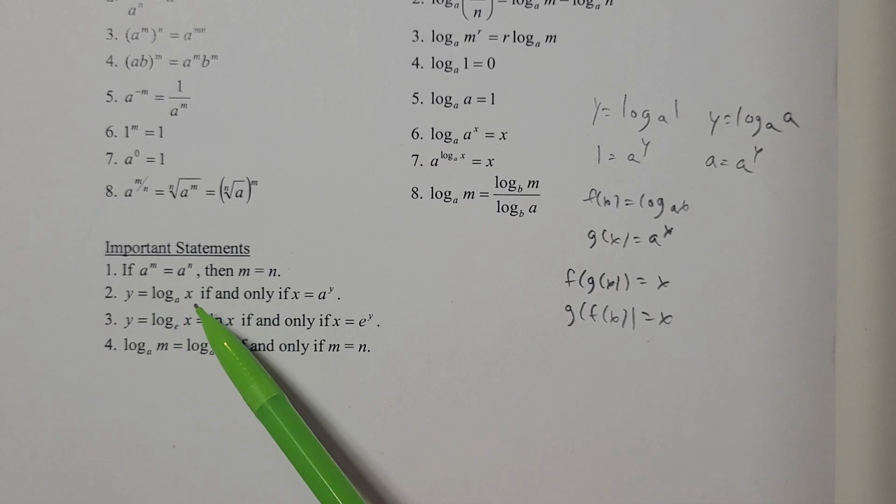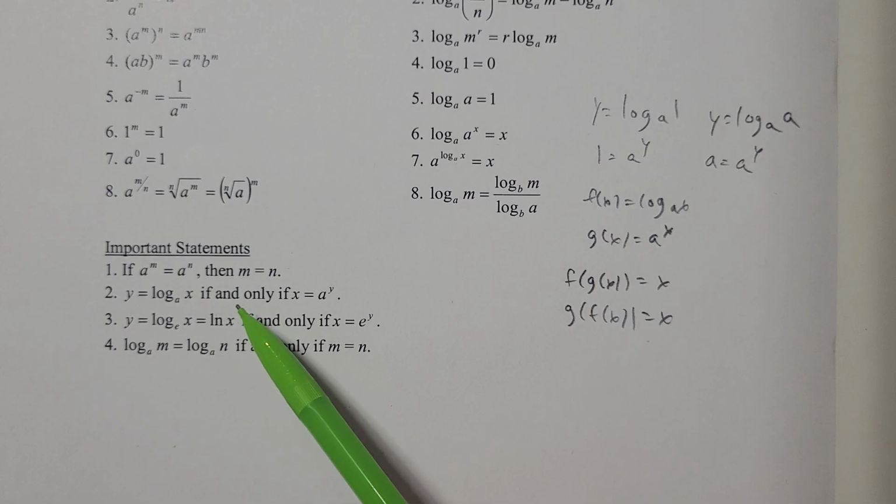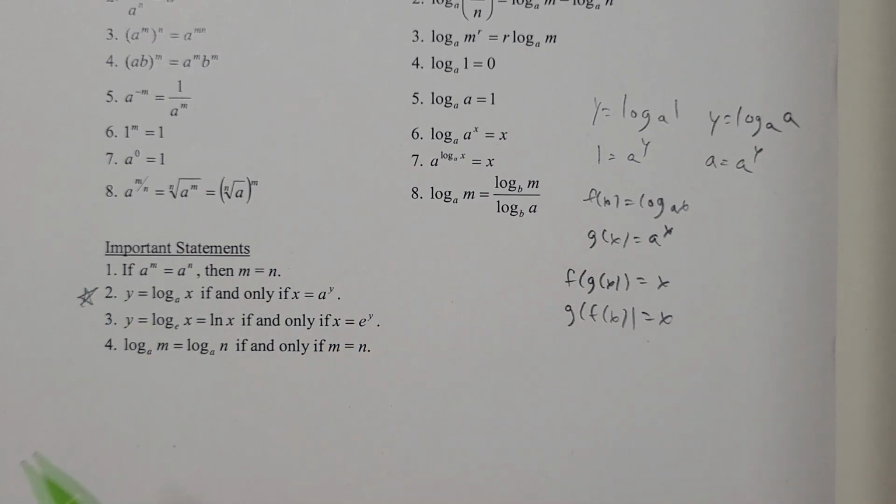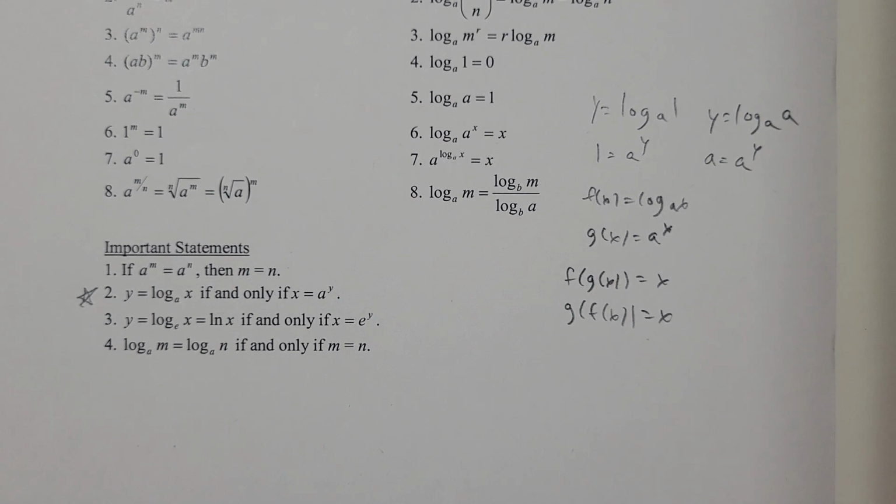The second thing, that's the definition of a logarithm. I would definitely know that. Okay, put a big star by that number 2 there, and definitely know that. Okay, that's again the most important part of the exam coming up, to know the definition of a logarithm. If you don't know the definition, that's going to be a real big problem with doing lots of things on the exam. Okay.